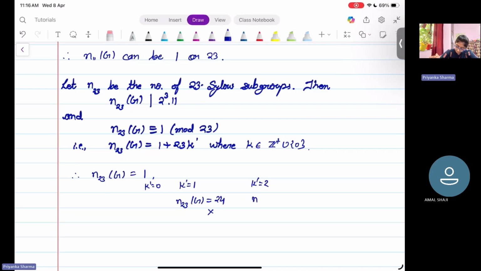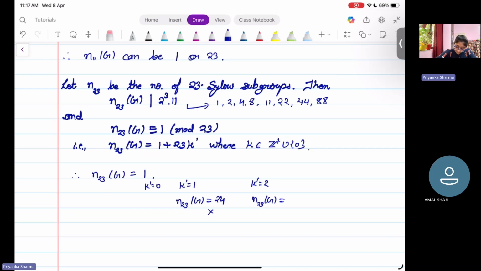Then n23(G) will be 23 into 2 plus 1, which is 47. Its divisors can be 1, 2, 4, 8, 11, 22, 44, or 88.